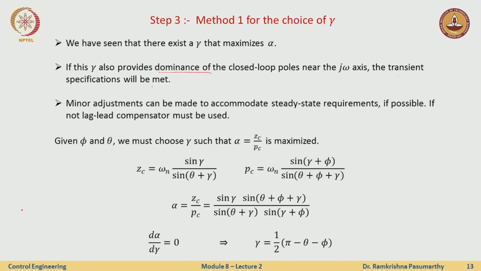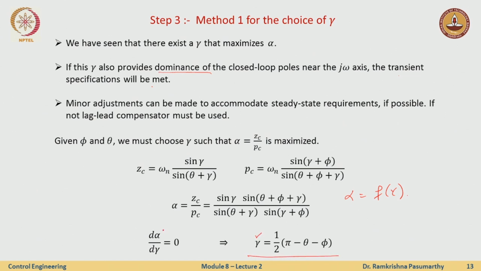So, how to maximize this? Alpha, which is Zc by Pc, is a nonlinear function of gamma. Then I can just use standard calculus: the maxima occurs when d alpha by d gamma equals 0. I do all the computations and I get a gamma.